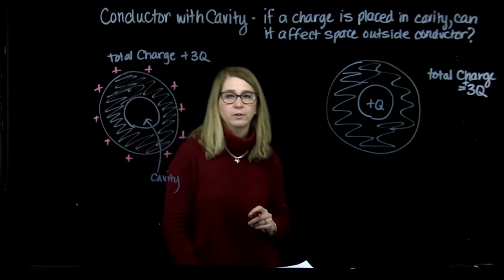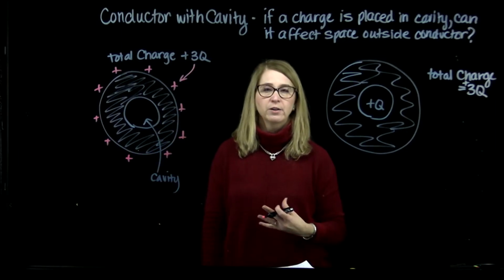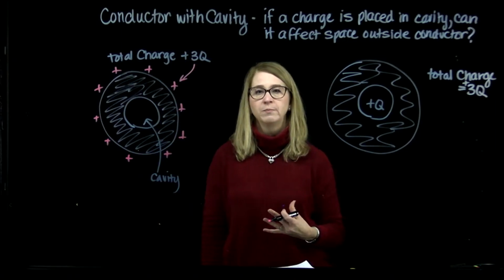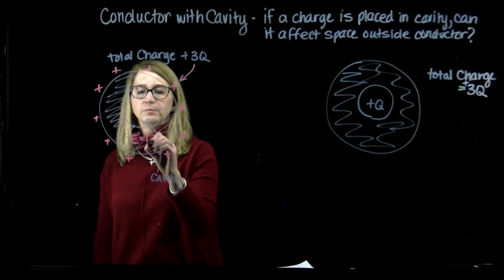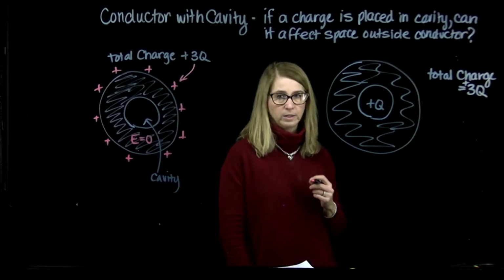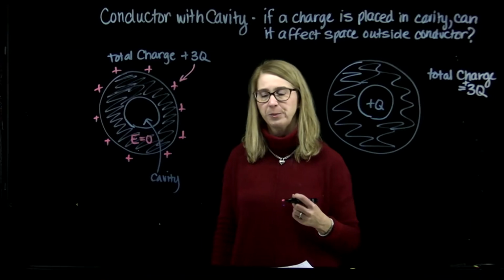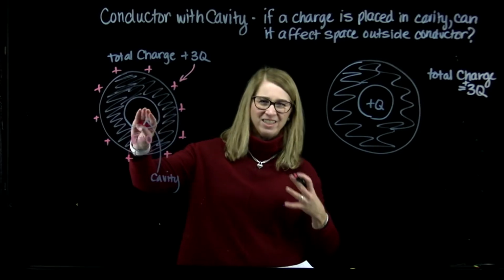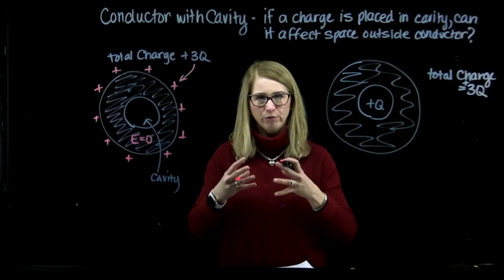of this conductor. And the reason it can't be anywhere else has to do with Gauss's law and the idea that right here, it's important that I drew it where it's shaded. That is called inside the conductor. The cavity is not technically inside it because then you're not in the conductor, it's just a void.